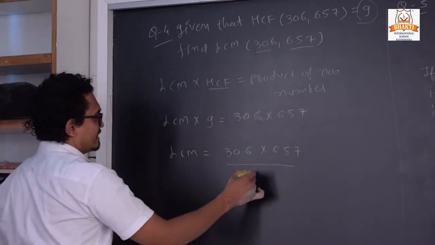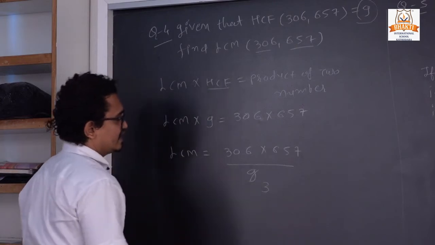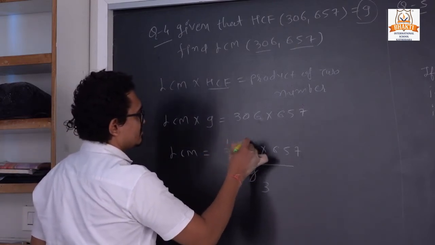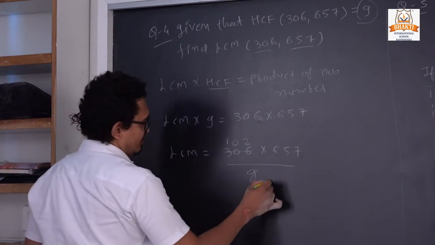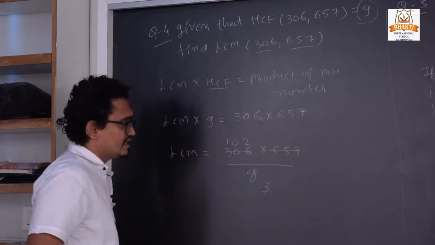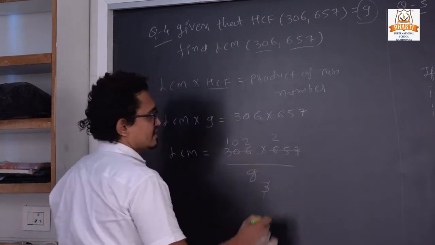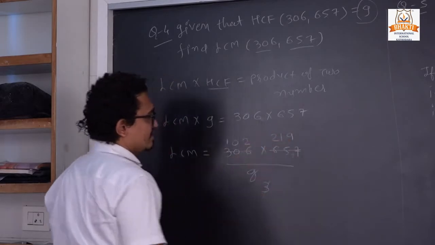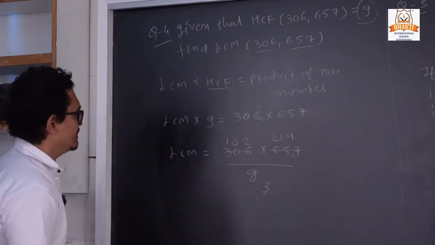Now we can divide. So here 3 3s are 9, and here 3 1s are 3, 3 2s are 6. Now once again it will be divisible by 3. 3 2s are 6, 3 1s are 3. So here we have 2 9s are 18.